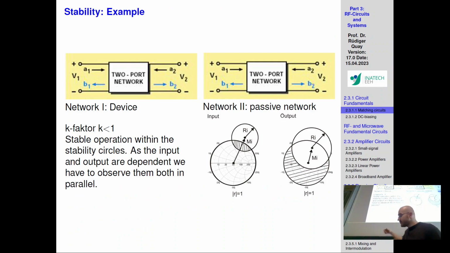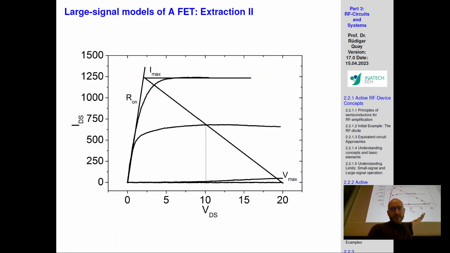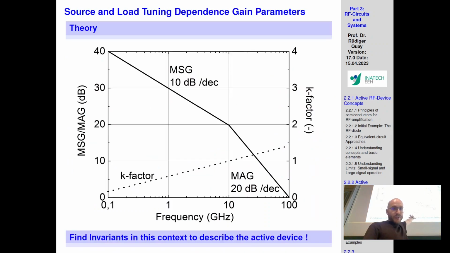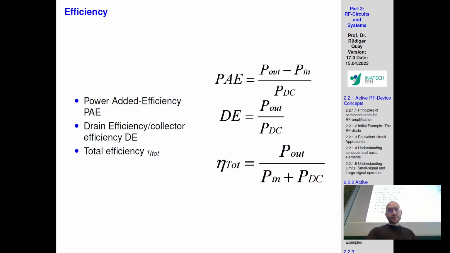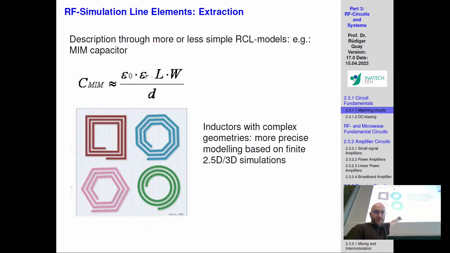And if you do that, then you can define, when you characterize the device, as we said, the MSG and MAG. When you have that from your vendor, you have the MSG and MAG, where your device is stable and where it is unstable. You have this plot. If you have a transistor model, you can also plot where that transistor would go beyond these stable points.